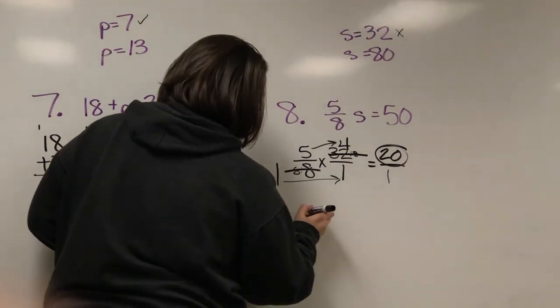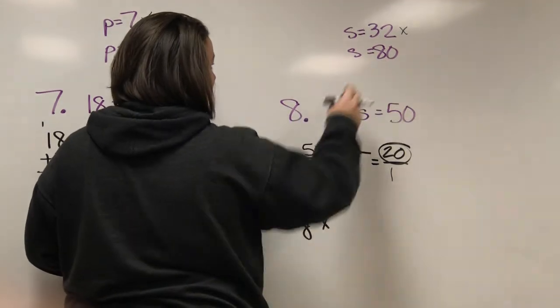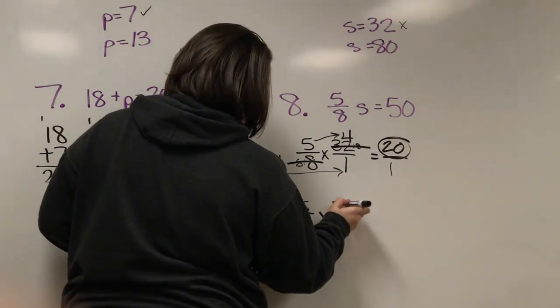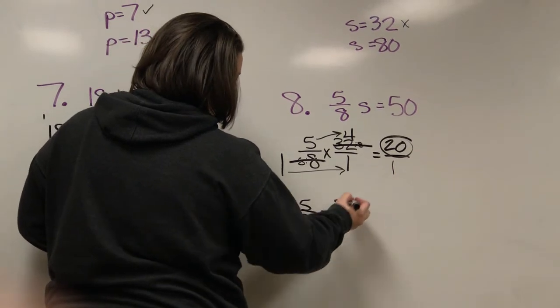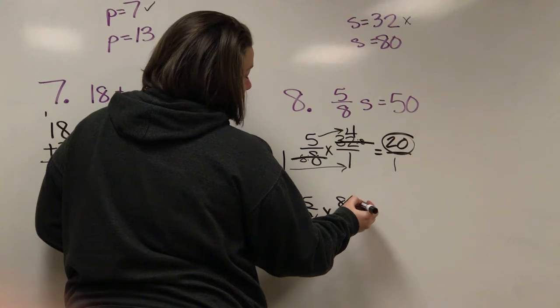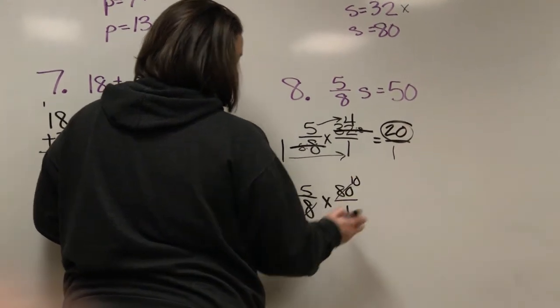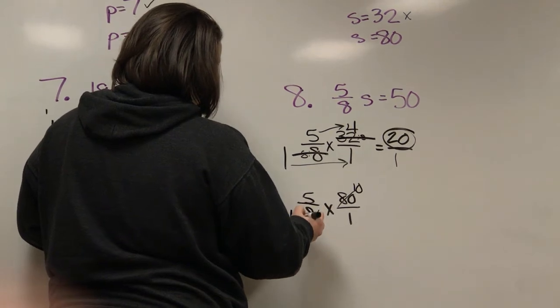Double checking my second one. 5/8 times, they said S is going to be 80 this time. 80 over 1. Simplify by crisscrossing. Both of them have 8 in common. 80 divided by 8 reduces down to 10, and 8 divided by 8 reduces down to 1.